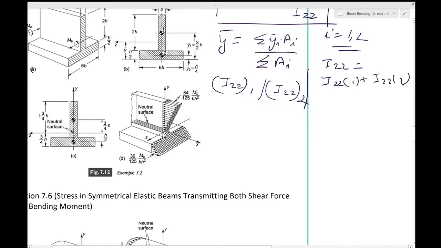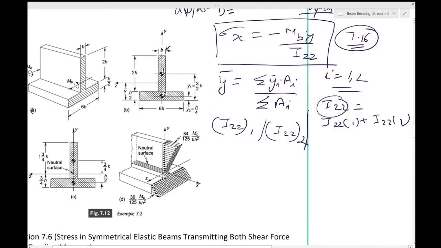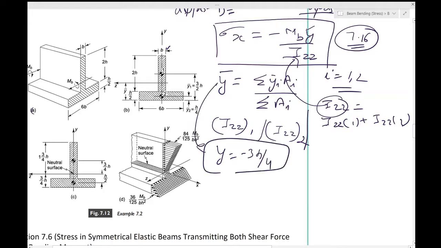Okay, so that's how you would solve. And once you have IZZ, you have to just substitute over here the bending moment. In terms of the bending moment, you will have this, and y is something which you can always put in there. Okay, so you have to use y equal to minus 3h by 4, which was essentially this y bar which you had found out. So this was where your neutral surface was.